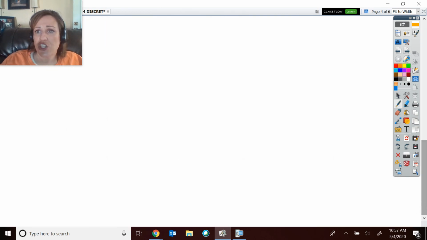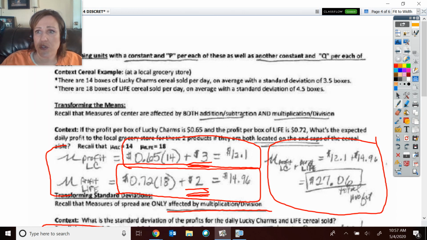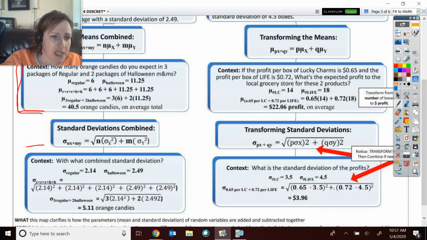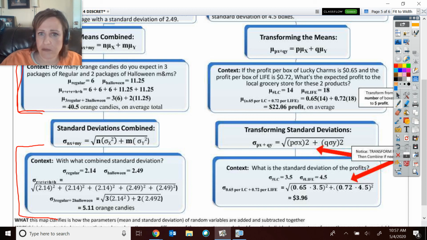All right. So I have got those situations also shown here on this thinking map. It takes you through the exact same problem, but it's just in a different format. So we've got those means combined, but then the standard deviations, we had that separate. And then here was the Life cereal.